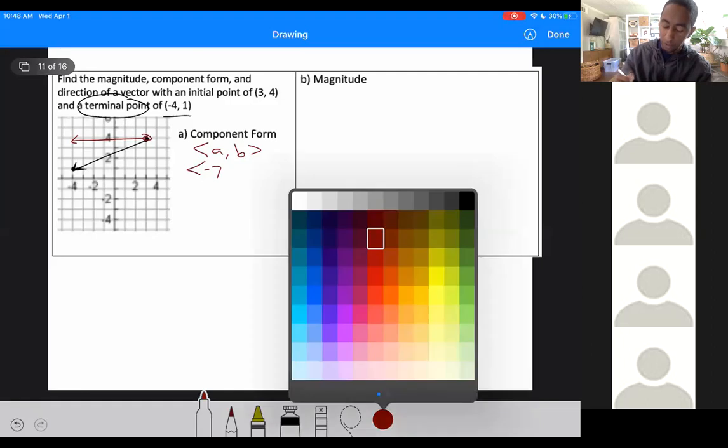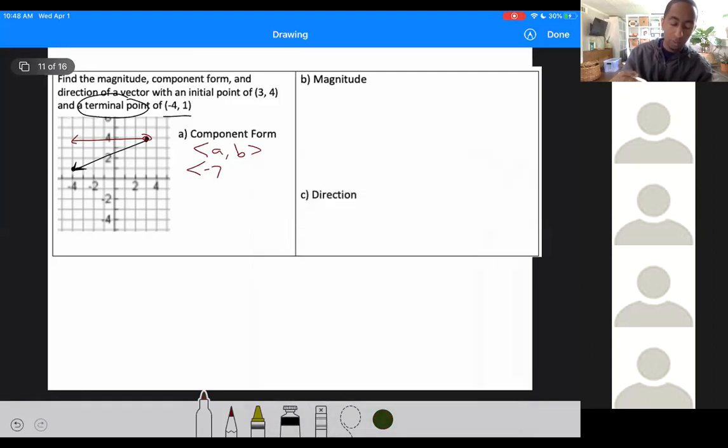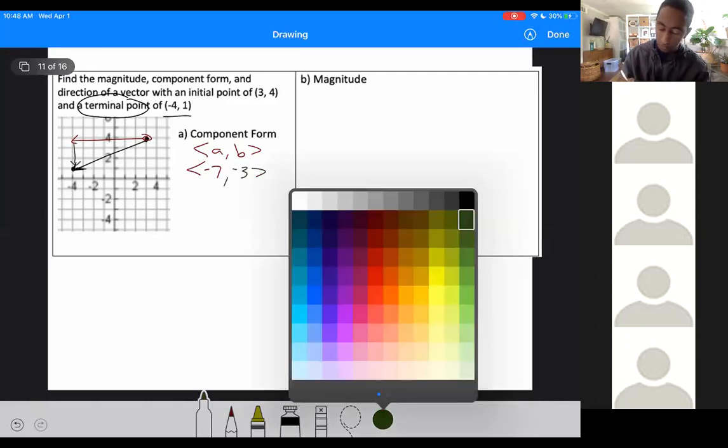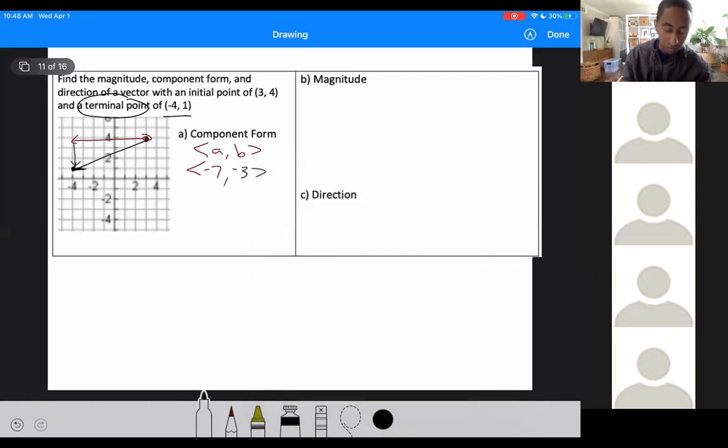Oh, okay. And then the B, we're going down, right? So that would be -3. Okay, good. All right, so that's our component form.